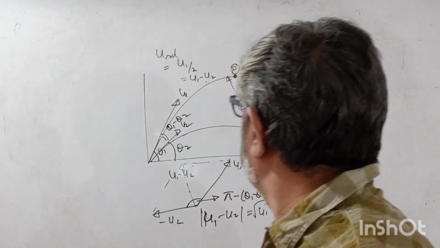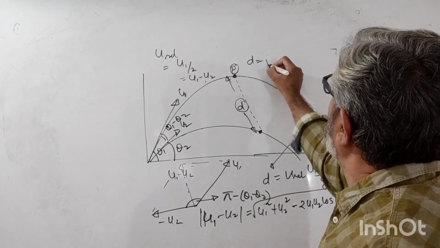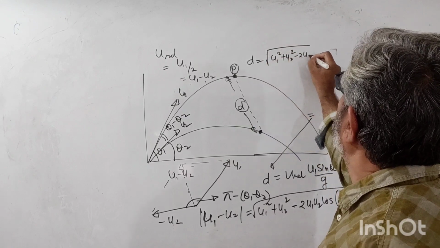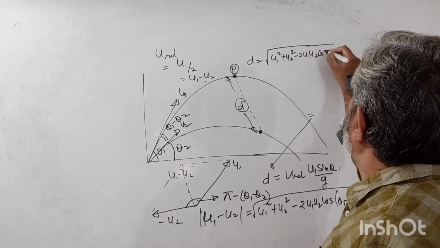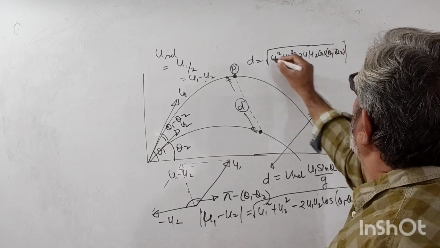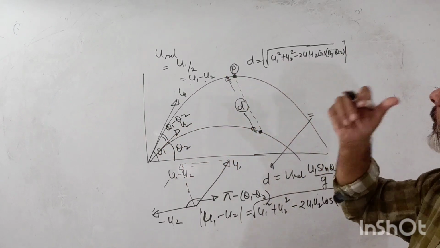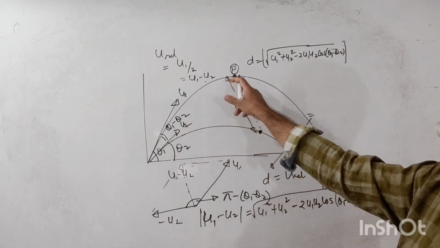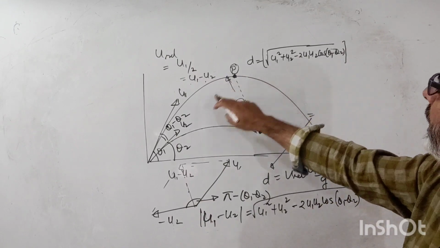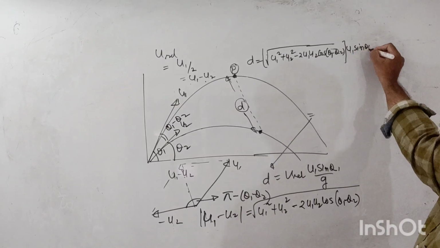The answer is B, that is the distance between them is root of u1 square plus u2 square minus 2 u1 u2 cos of theta 1 minus theta 2, and this whole thing multiplied with the time the first one took, because the problem said when the first projectile is at its maximum height, what is the distance. So this is the relative velocity into the time it takes to reach this, which we already wrote as u1 sin theta 1 upon g.